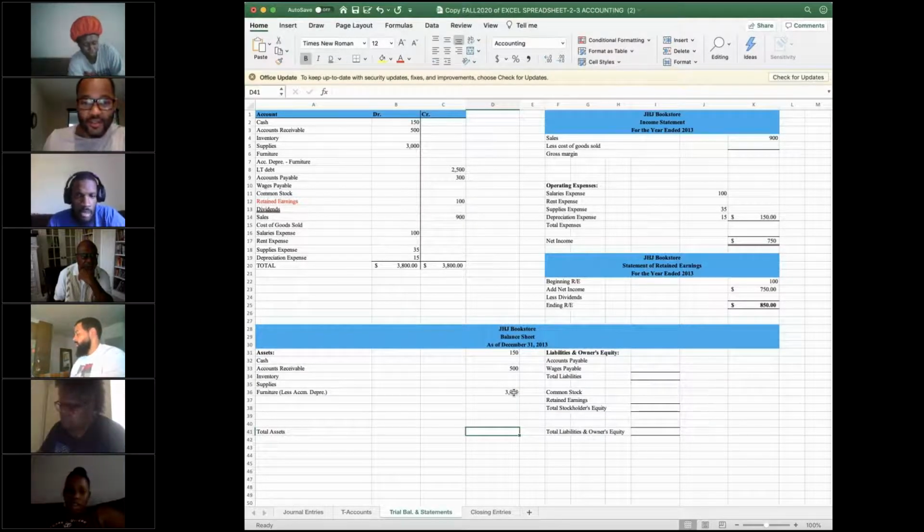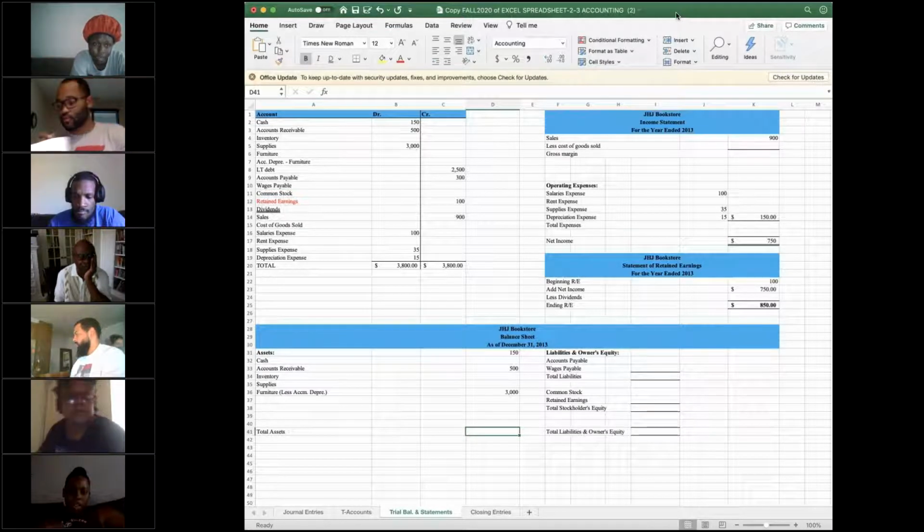Well, I think I might have missed something. Why is accounts receivable 500? It was 500 in the problem. We'll leave 3,000 in supplies.